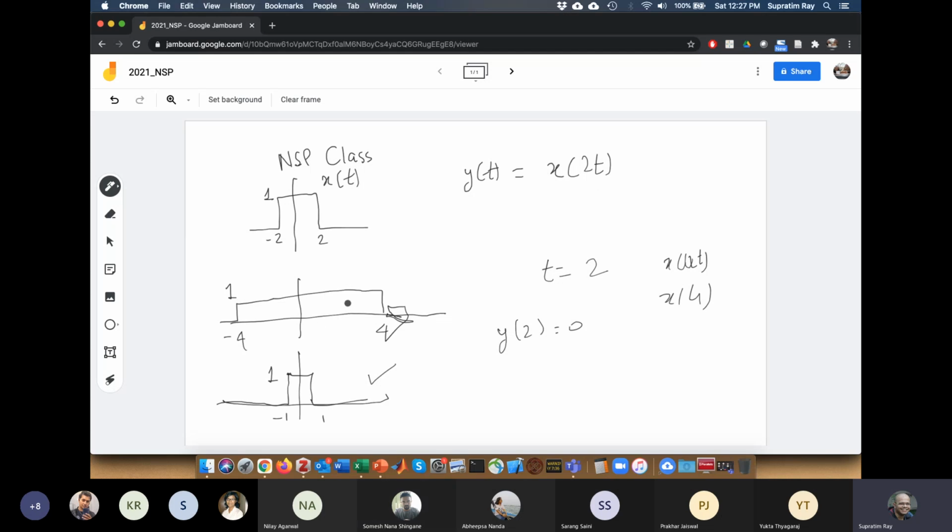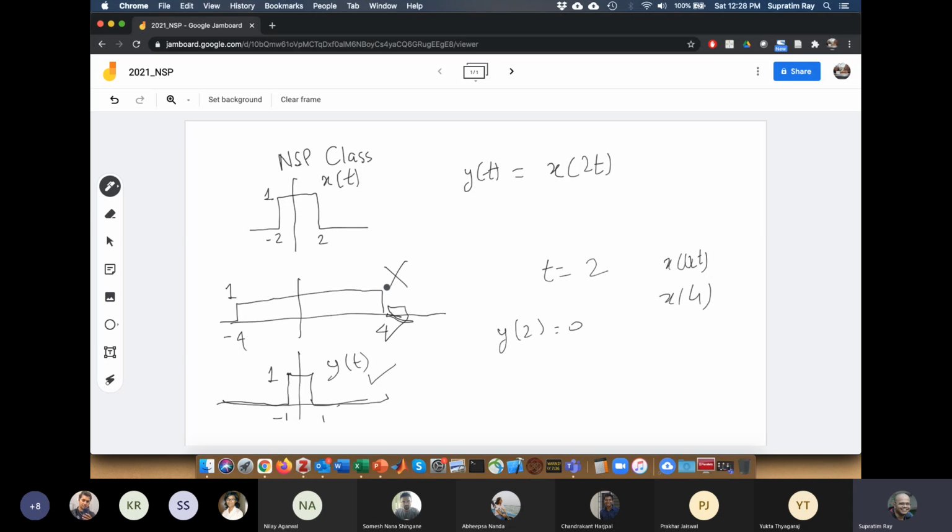So y of 2 can't be 1. When is y going to be 1? When t is between -1 and 1, because then 2t is between -2 and 2, that is where x is 1. So it actually gets squished. Okay, so this is y of t, not this. This is not right.